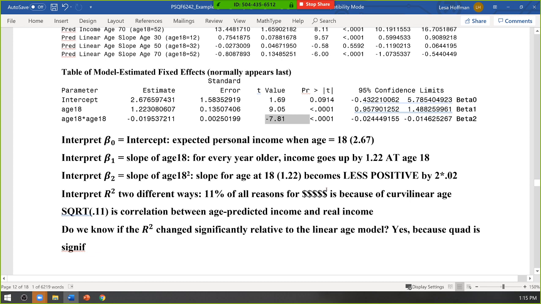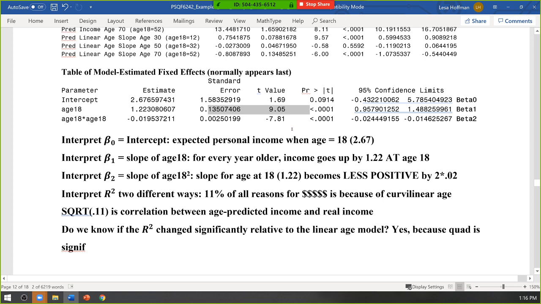So t then is going to be compared to a t distribution with denominator degrees of freedom for the model, and it can tell me in a more standardized way how unexpected each of these slopes is if the true slope were 0. Note that t is signed, so for instance, this quadratic slope is negative, therefore the t is negative. So that tells me that it's significantly negative. The t is positive for the intercept and for the linear slope, so we know that those coefficients must be positive.